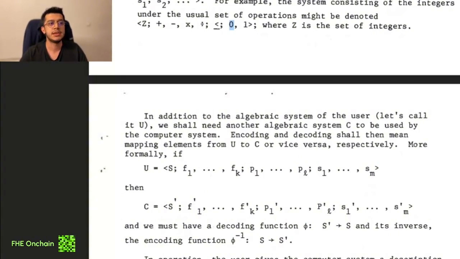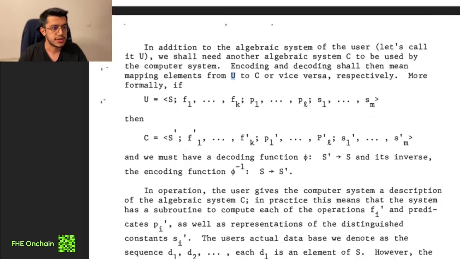There are some elements in the user's algebraic system, and we want them to be stored or processed in the computer system, but as we discussed before, we cannot trust the computer system, so we need to encode our data before sending it. And at the end of the confidential operations, we want to get our resulting data back, but to be able to read it, we need to decode it after, of course, receiving it from the computer system.